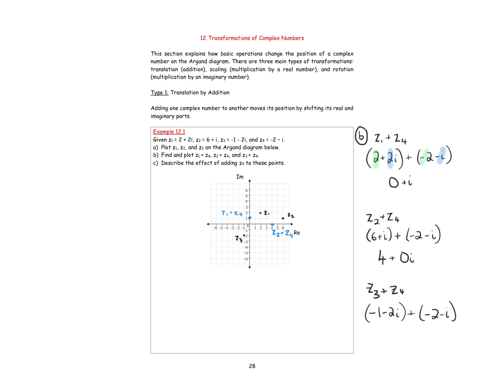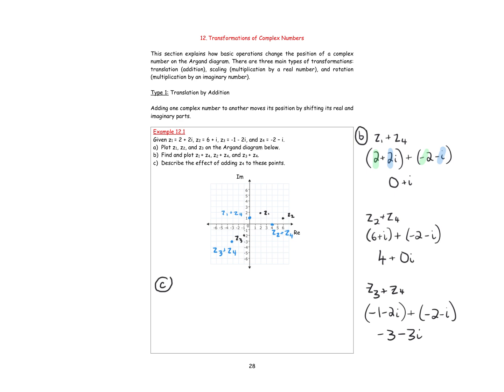Here we have minus 1 minus 2, which is minus 3, and minus 2i minus i, which is minus 3i. Plotting that on the Argand diagram, we get minus 3 minus 3i, which is here, z3 plus z4. Now, if we look at how they've all moved, that's what it asks us in part C.